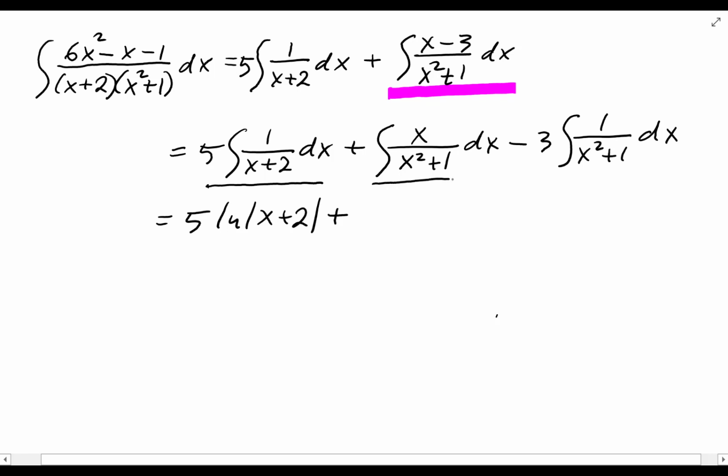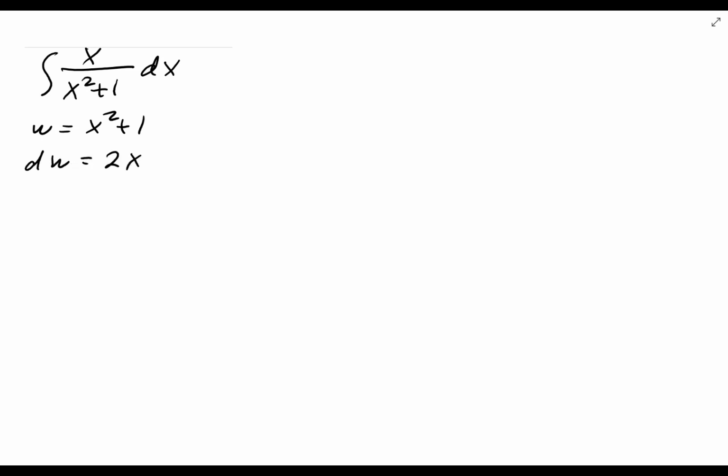Now let's take a look at this second integral. x over x squared plus 1. This is also going to be a substitution. w is going to be x squared plus 1. dw is going to be 2x dx. And 1/2 dw is going to be x dx.